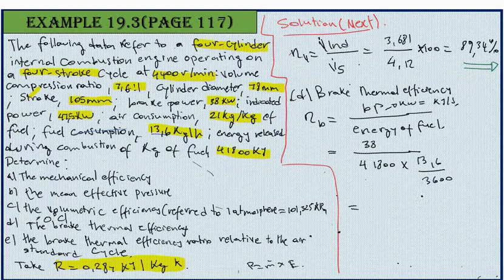So I have 38 divided by 41,800 multiplied by 13.6 divided by 3,600.